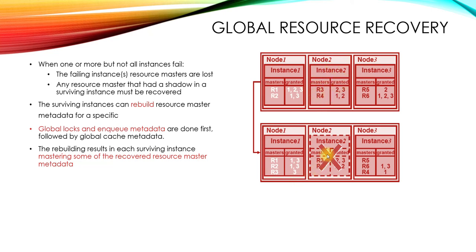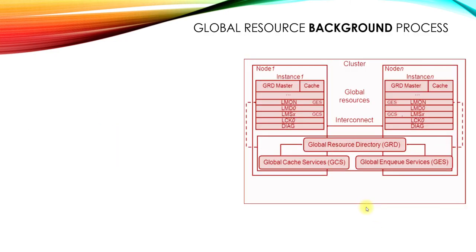As soon as node 2 fails, now these two rows do not have any master, so mastering and remastering using the internal code will go on. And the first thing will be to rebuild the master for those specific rows. For that, the first thing the Oracle internal code will do is check the global lock and enqueue metadata, recover that, and then rebuild the other stuff.